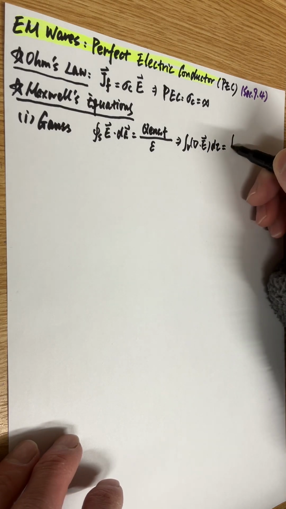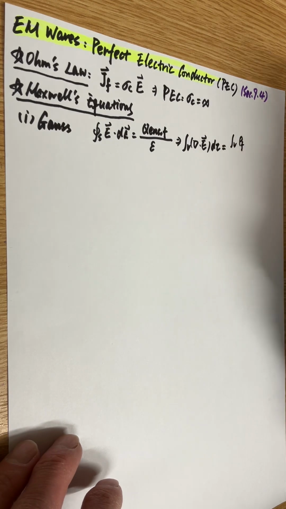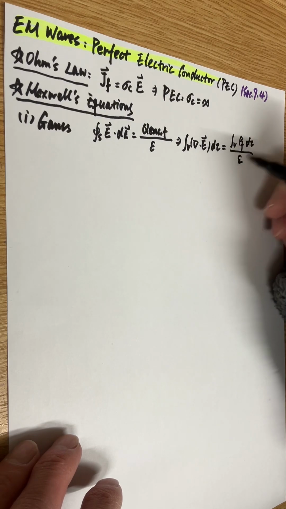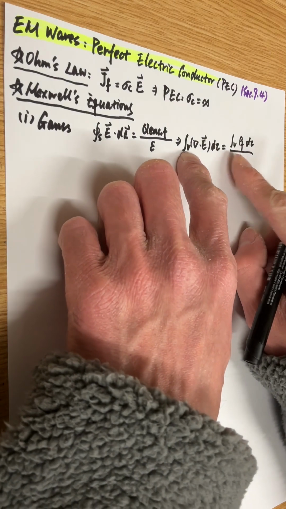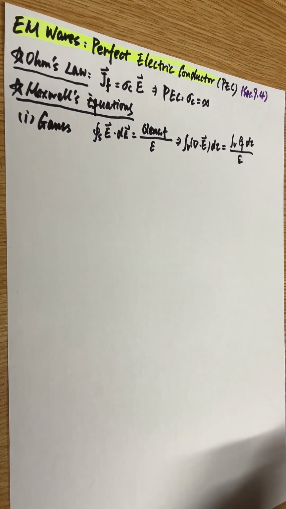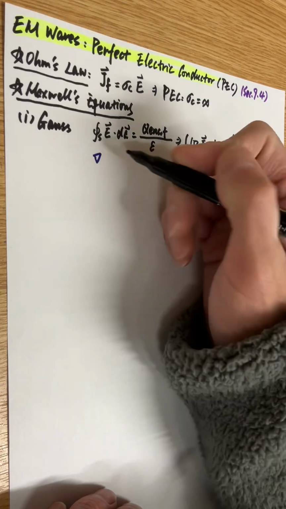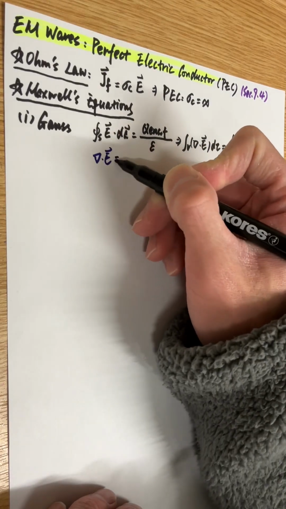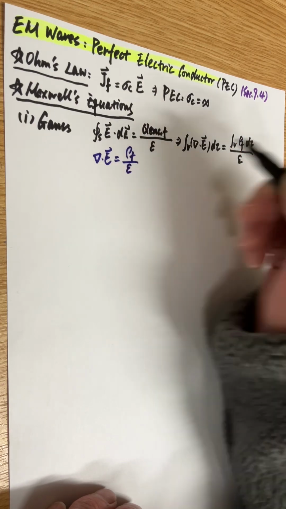So I have the volume charge density, free charge density for any material, d tau divided by permittivity. So now we have the volume integral on both sides. We can take out the differential form for Gauss' law, which is the divergence of E equals free charge density divided by epsilon.